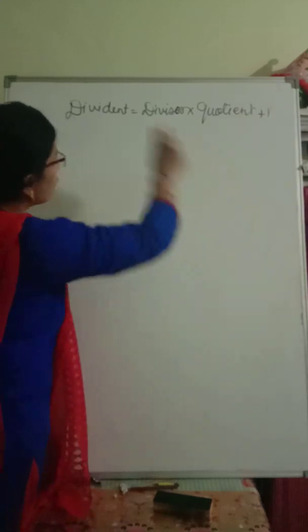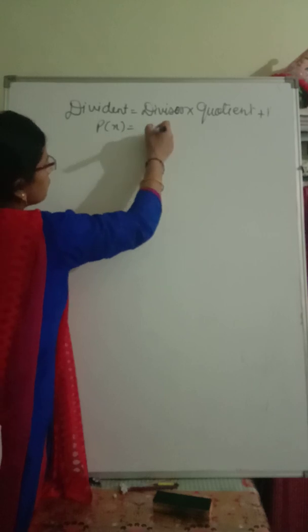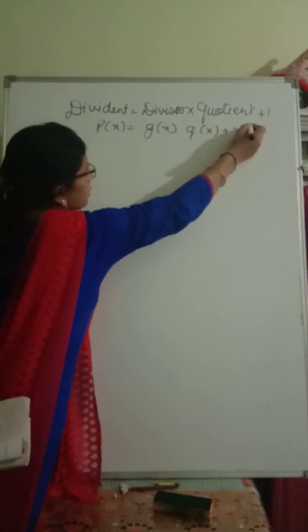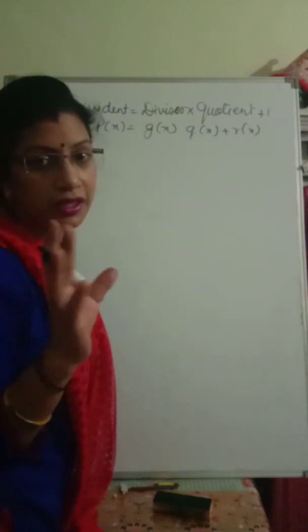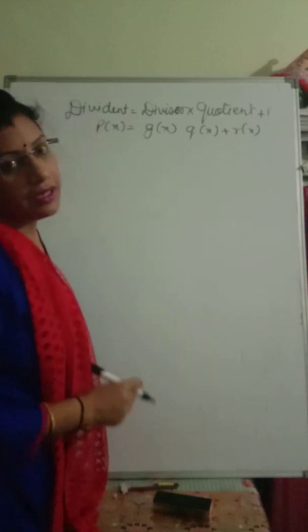That is, p of x is equal to divisor into quotient q of x plus remainder r of x. And everybody knows that the degree of the remainder should always be less than the degree of the divisor.